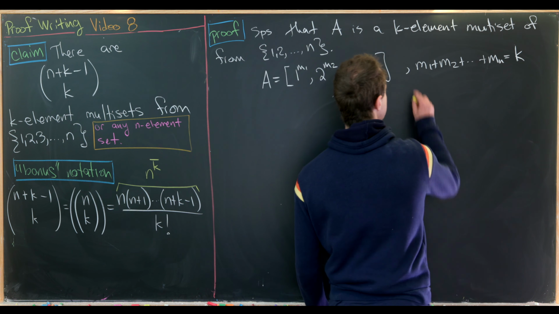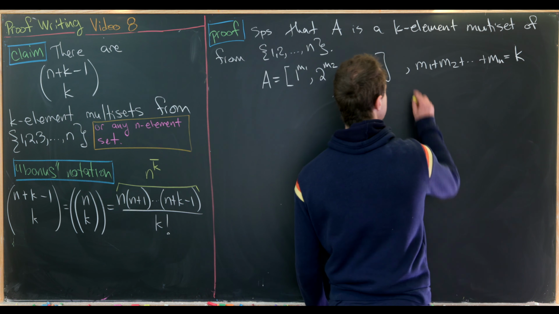N minus 1 bars, because there are n minus 1 places between each of the numbers. There's a spot between 1 and 2, there's a spot between 2 and 3, there's a spot between 3 and 4, there's a spot between n minus 1 and n. So now putting this together, we can see how many characters there are, and that would be the sum of these two objects.